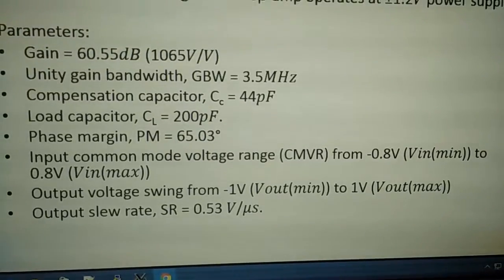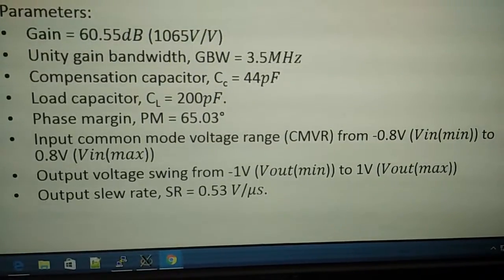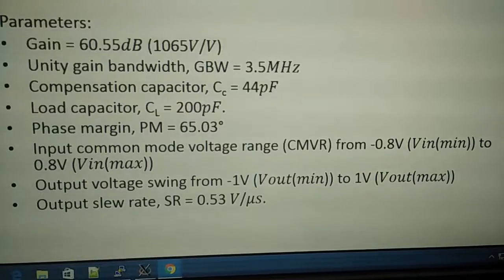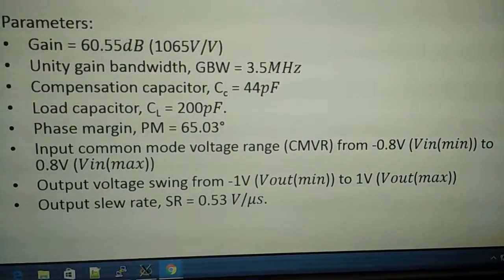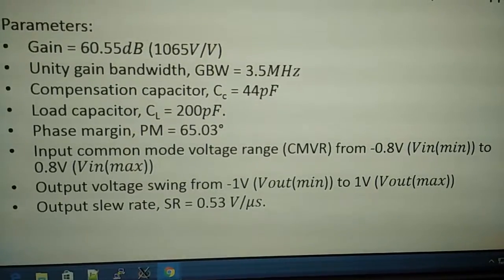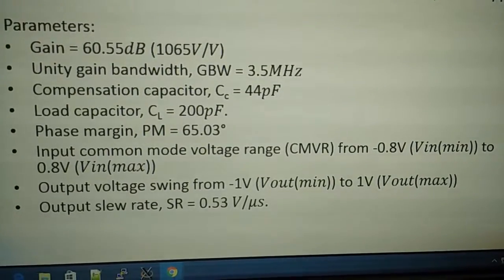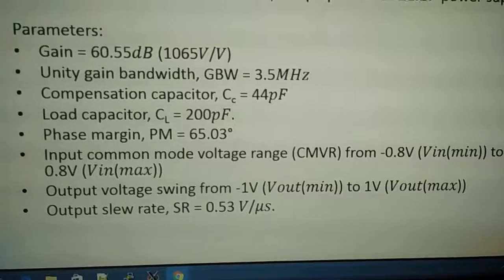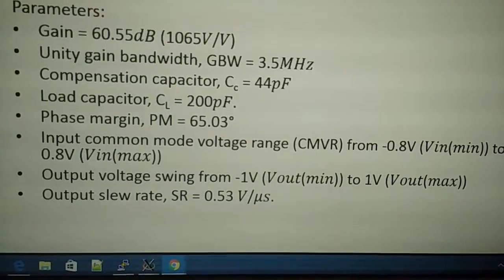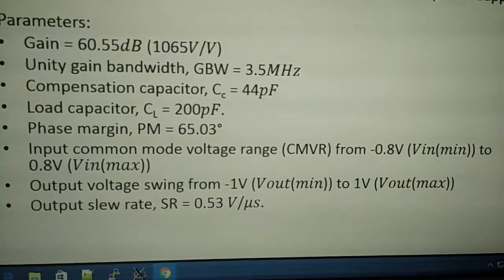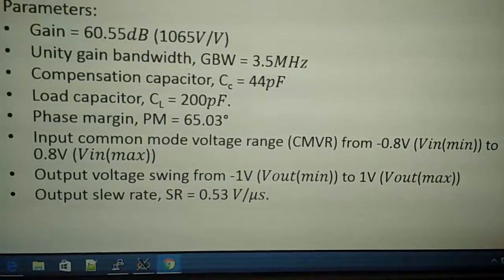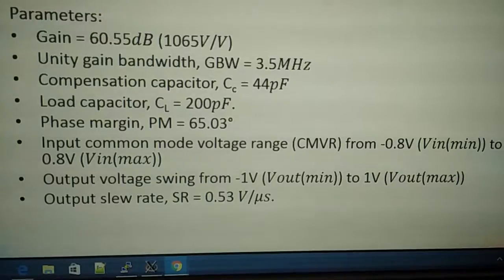The input common mode voltage range we obtained from the simulation is from negative 0.8 volt to 0.8 volt. The output voltage swing obtained from the simulation is from negative 1 volt to 1 volt. The output slew rate obtained from the simulation is 0.53 volt per microsecond. That's all. Thank you.